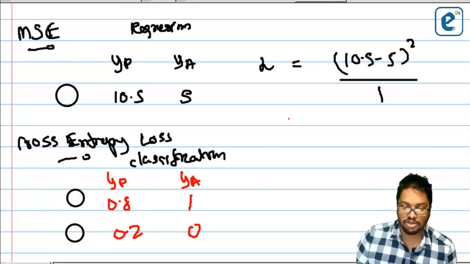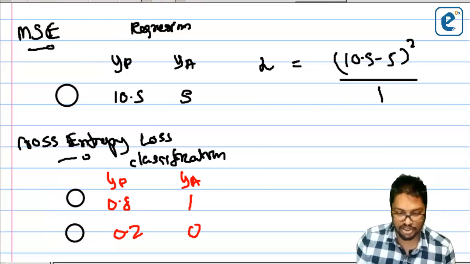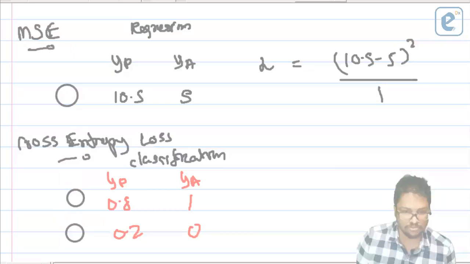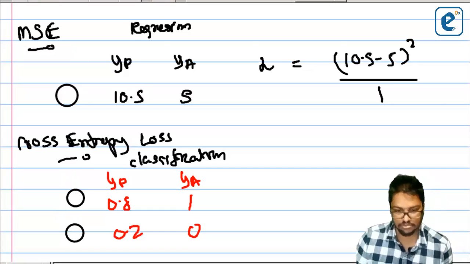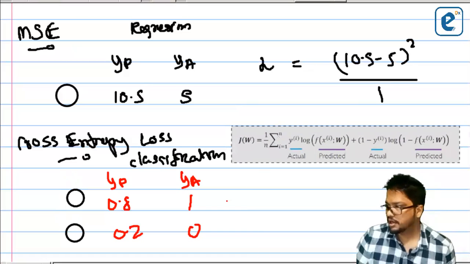So for the cross entropy loss, I will get the equation here quickly. So this is the equation for the cross entropy loss.